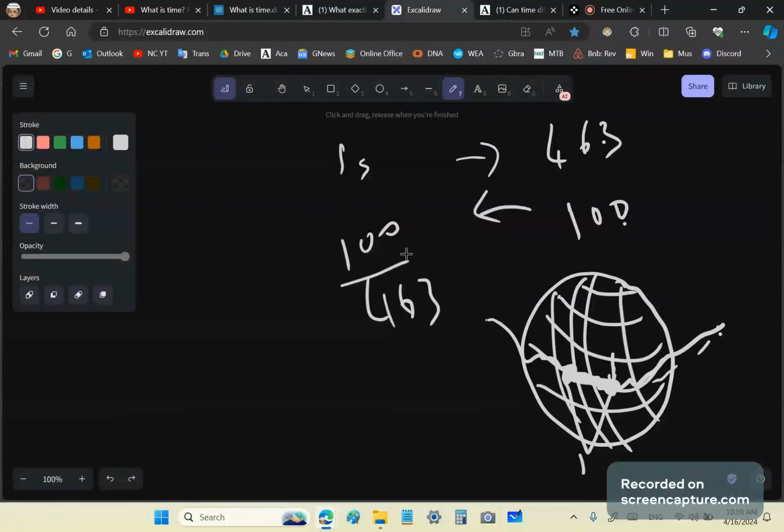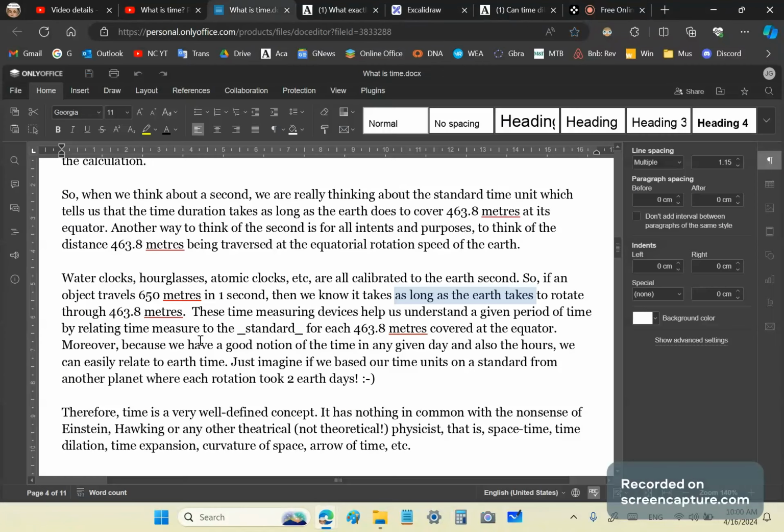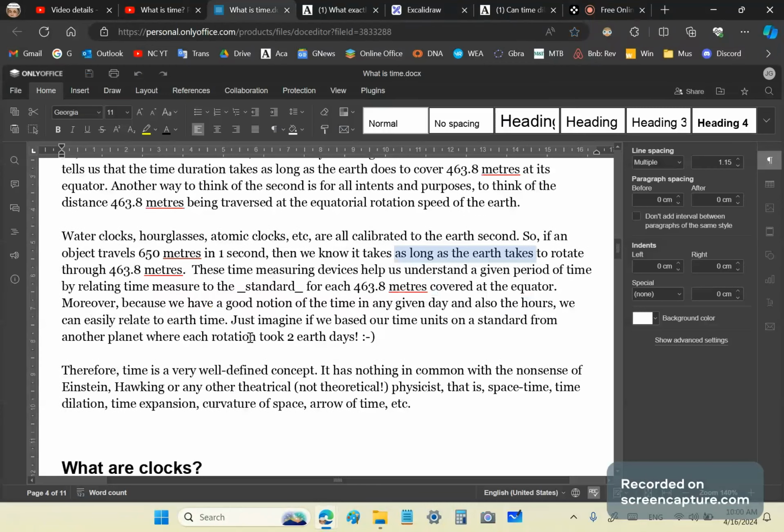That's what it means, and that's how we recognize a second. So if we say 1,000, then we know that's approximately a second. These time measuring devices help us to understand a period of time by relating the time measure to the standard. And what's the standard? 463 meters covered at the equator.